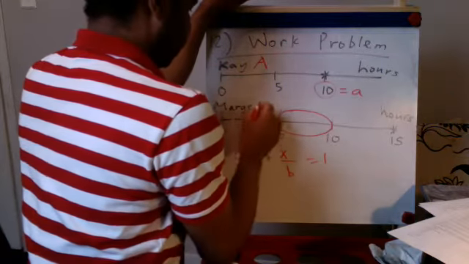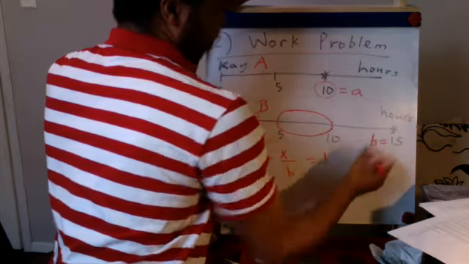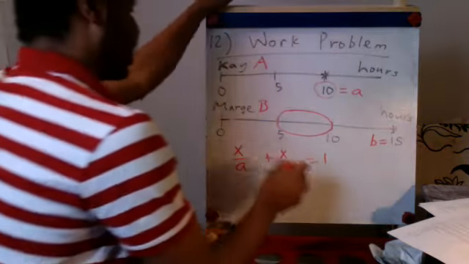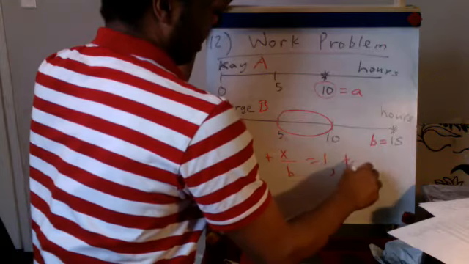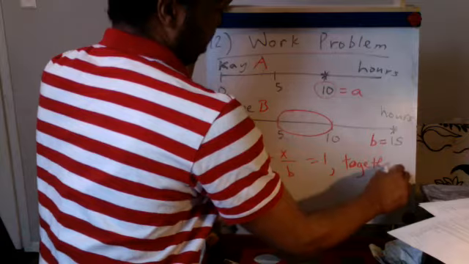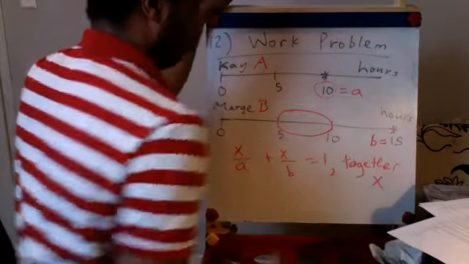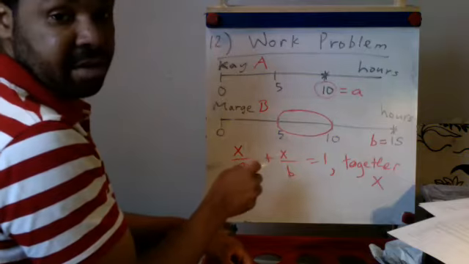And Marge is person B, and it takes Marge 15 hours. And x is just the time taken when they work together. So together, it would take them x hours. All right, and so what we're usually trying to solve for is x.